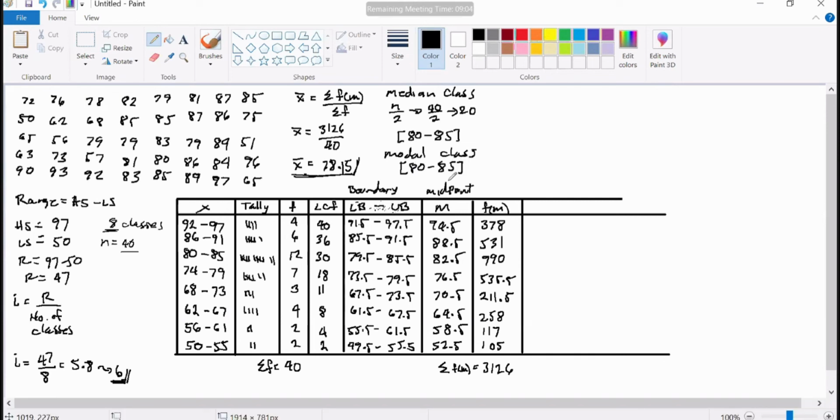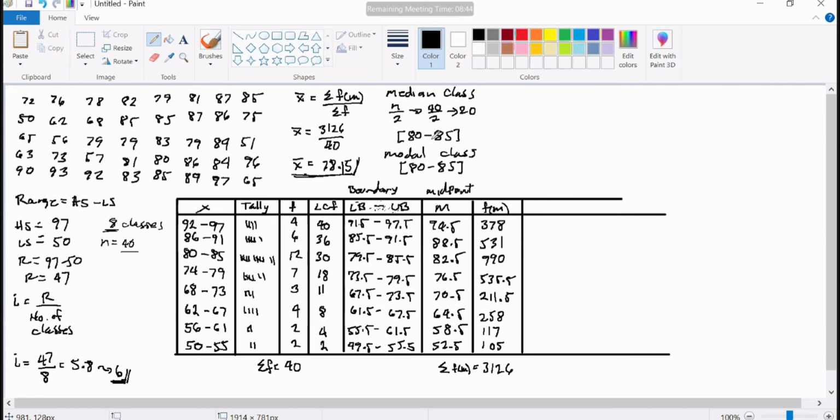Okay, clear? Next. However, sometimes we need to be more specific with our data presentation. So if you know the median class, then at least give us an idea on what is the median or what is the mode.